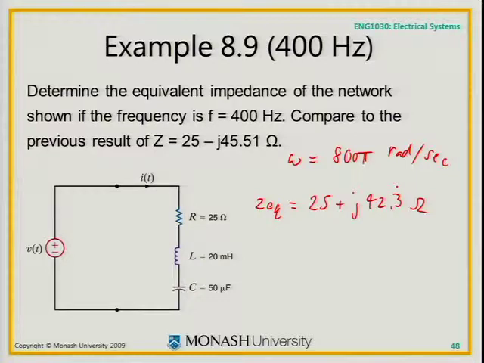Somewhere in the middle, this equivalent impedance is going to be just 25 ohms. When's that going to be? 1 on the square root of LC.